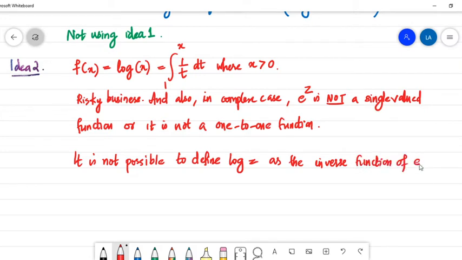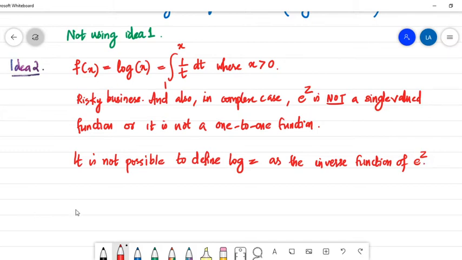So that is a problem since e raised to z is not a one to one function, which we had seen earlier.